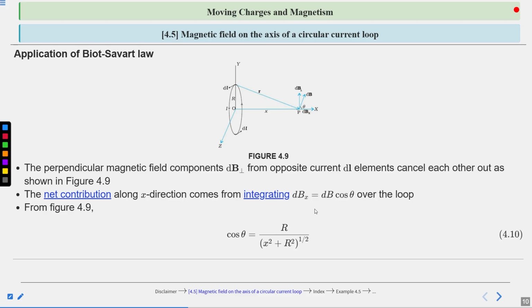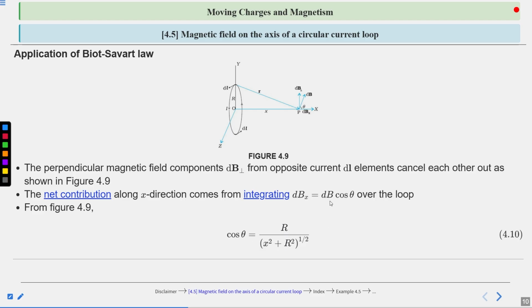Got it? Now cos theta will be capital R upon small r, and we know that small r square is equal to x square plus capital R square. So r will be x square plus capital R square raised to power 1 by 2, that is, under root. And this is the cos theta value, equation 4.10.